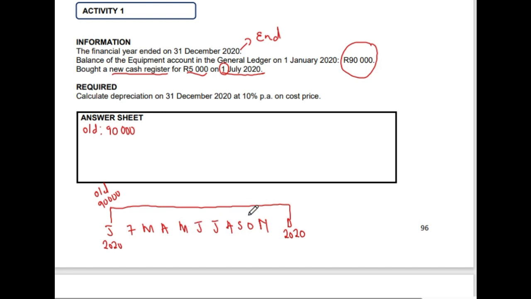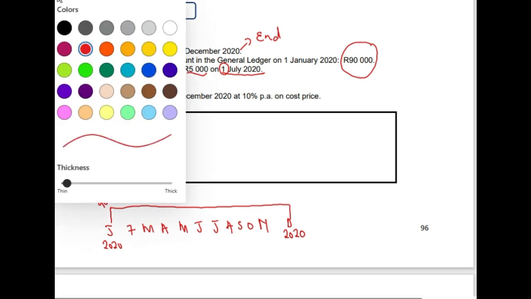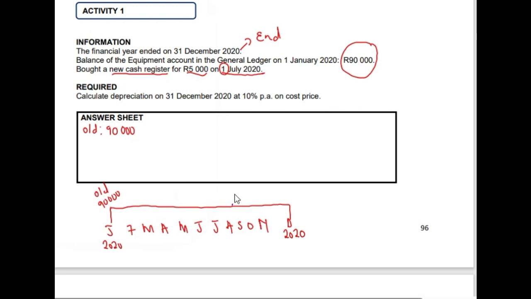On the first of July we had a new cash register, new equipment with a cost price of 5,000 rand. And then we are going to write our new equipment as 5,000.